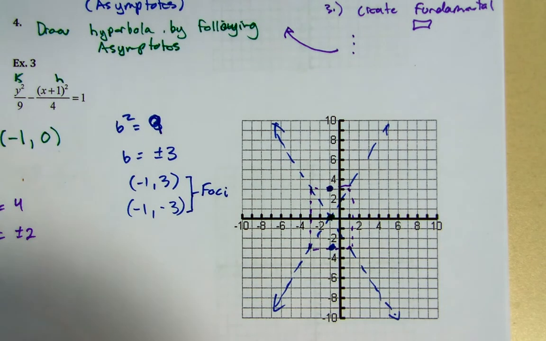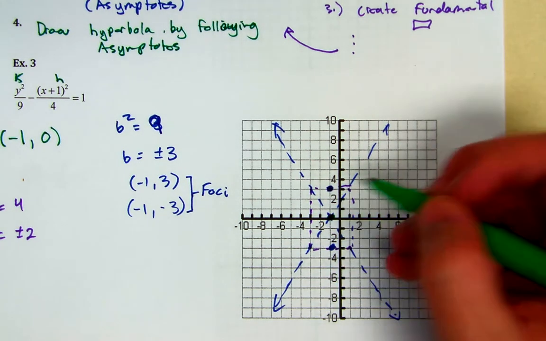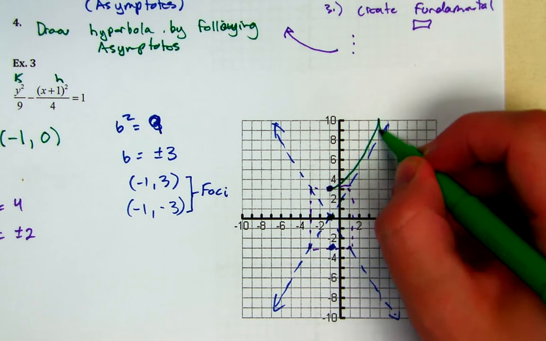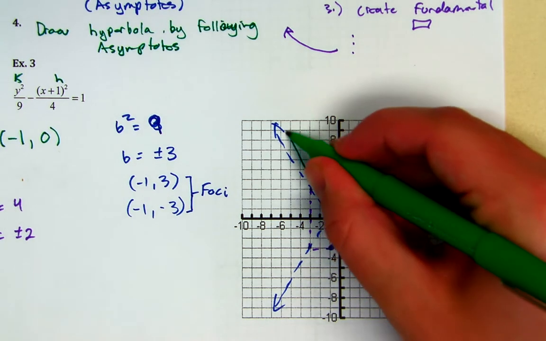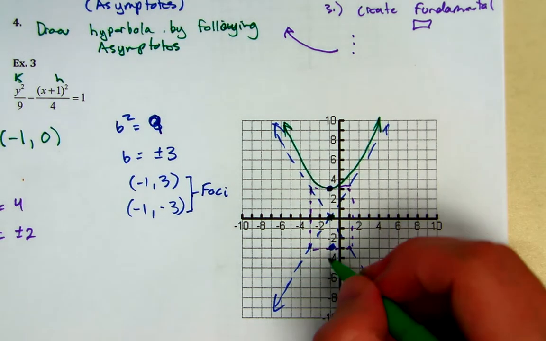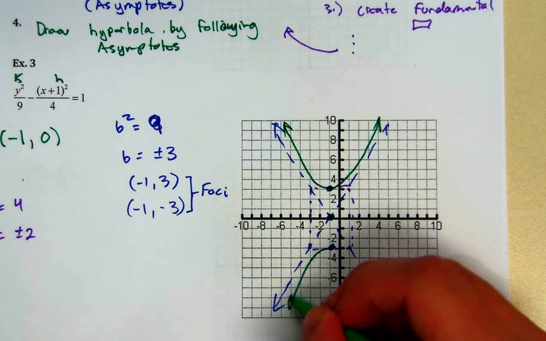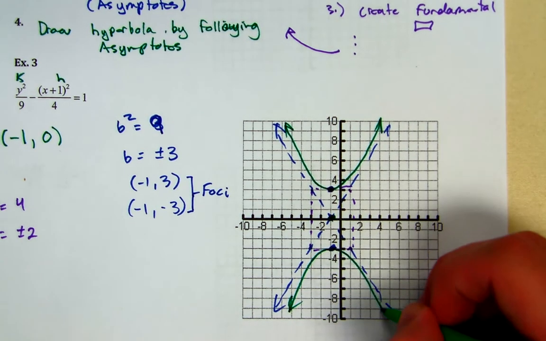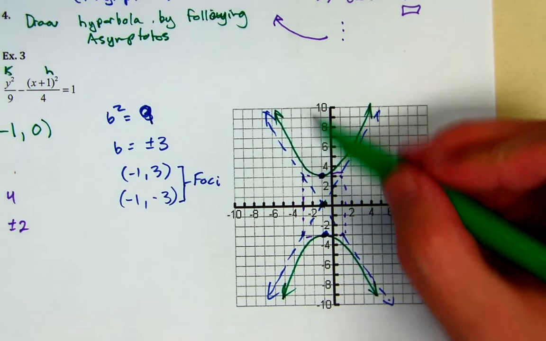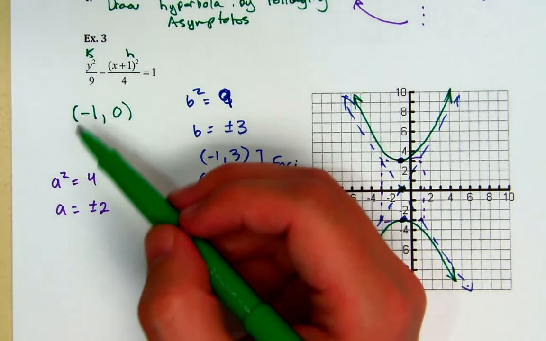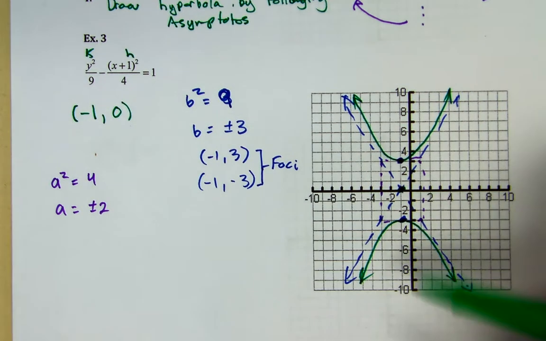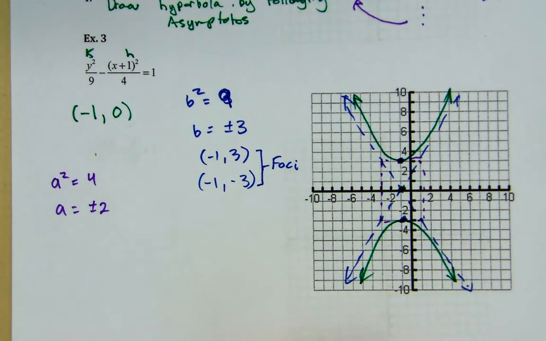And finally, draw your hyperbola using those focus points and your knowledge of it opening up, following where they are. So we got opening up and opening down. Again, y was first, so we know that they should open up and down.